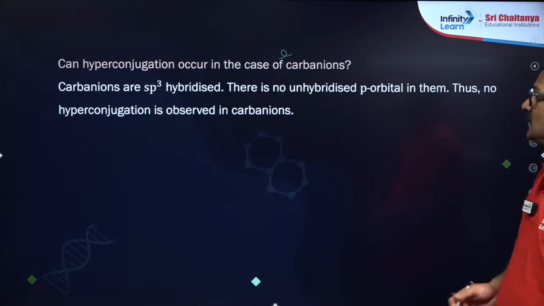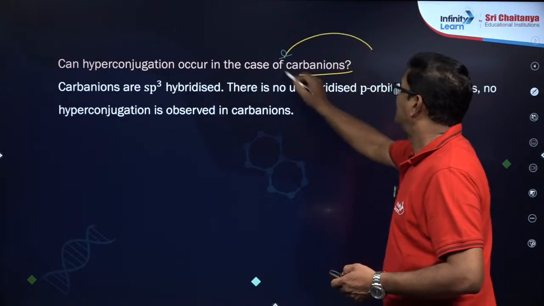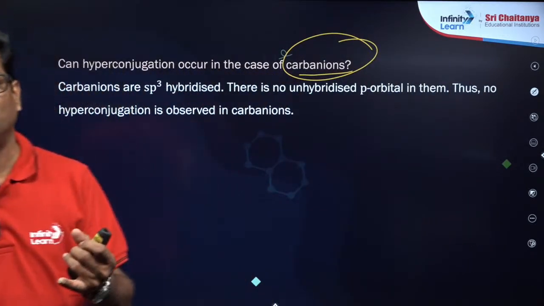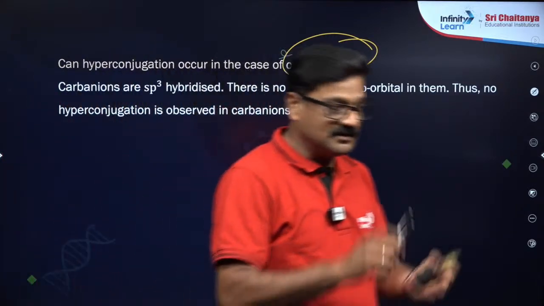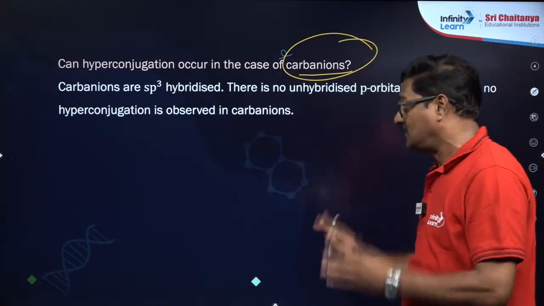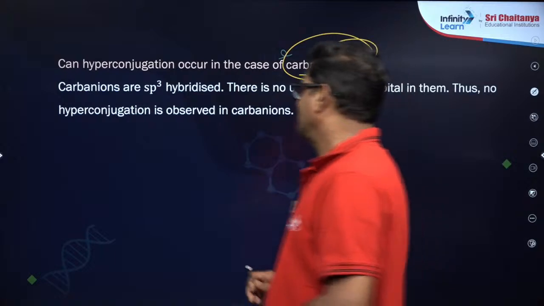Now, can hyperconjugation occur in the case of carbanions? This is a very good question. In carbocation, carbon free radical and alkenes, in these 3 species hyperconjugation is seen, but in carbanion it does not happen.